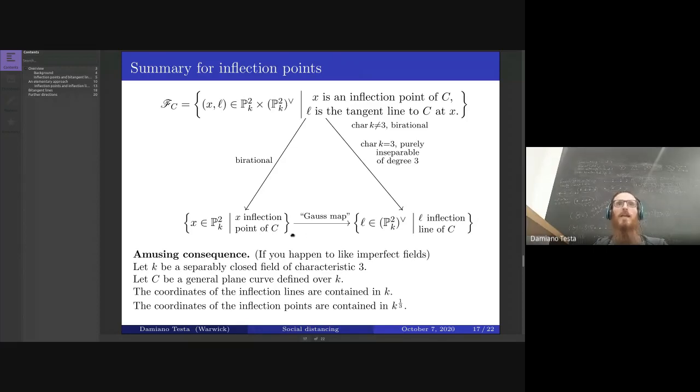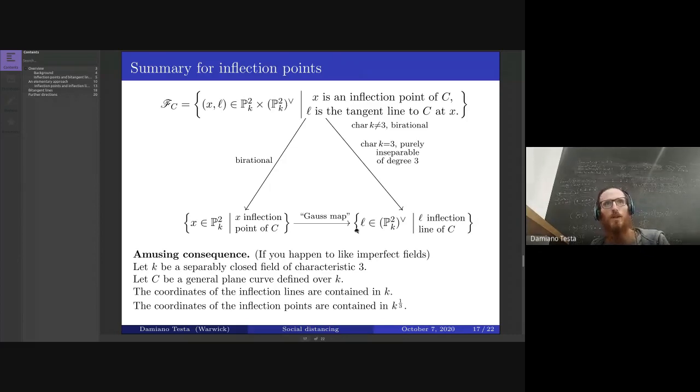We're just saying that the Gauss map is purely inseparable when restricted to the inflection points for a plane curve in characteristic 3. And the pure inseparability there is exactly what gives us the divisibility by 3 in the statements. So here I have an amusing consequence of this.